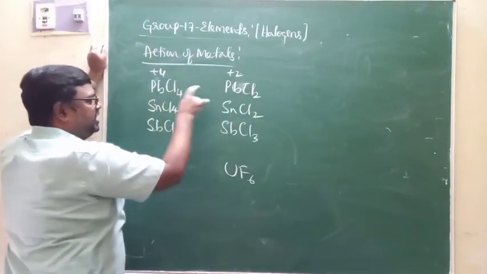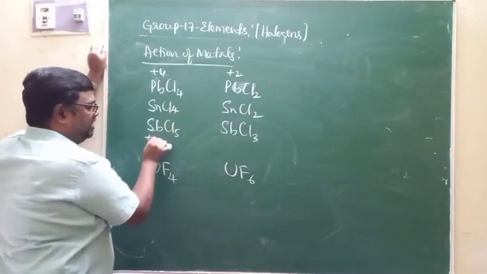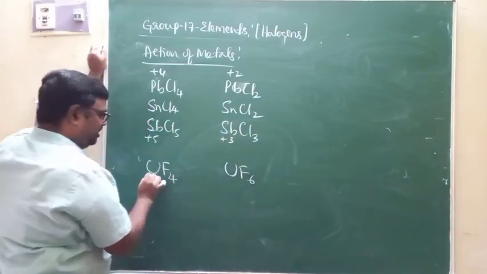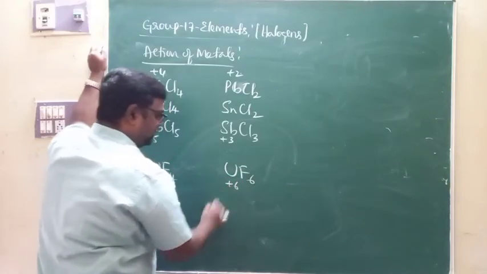Tin is in +4 state and +2 state. Antimony is in +5 state and +3 state. Uranium is in +4 state and +6 state.